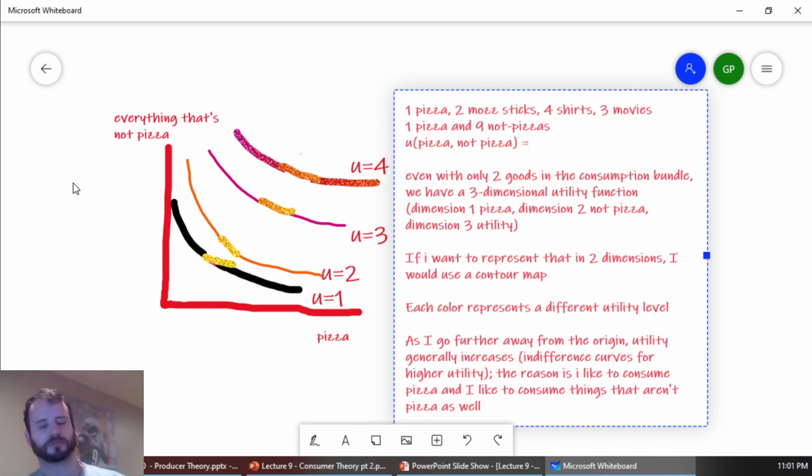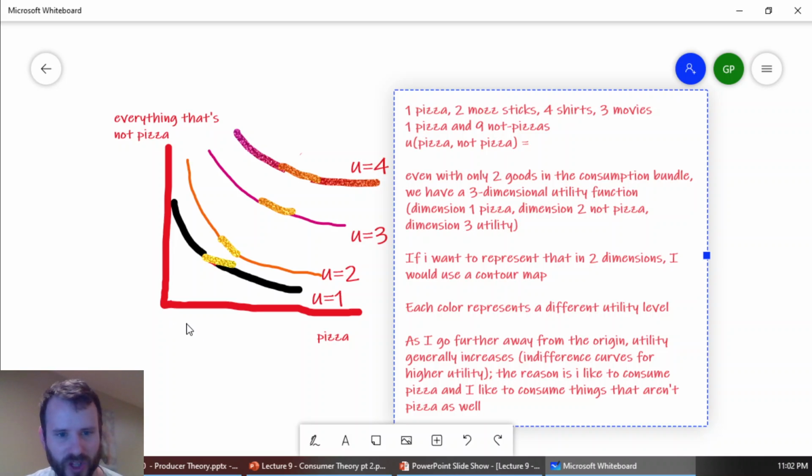If for some reason I didn't like everything that's not pizza, if I only ate pizza and didn't do anything else with my life, I didn't wear shirts, you give me a shirt and I say, oh, I hate this, you give me a mozzarella stick and I throw it on the ground, the only thing I do is pizza. Well, then the closer you are to the origin on the y-axis, the better.